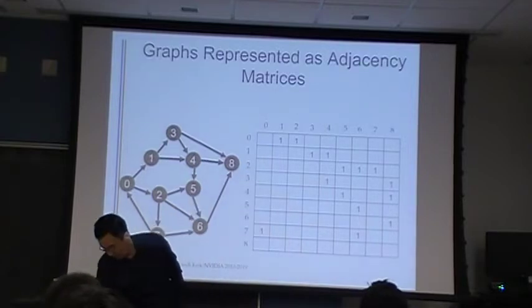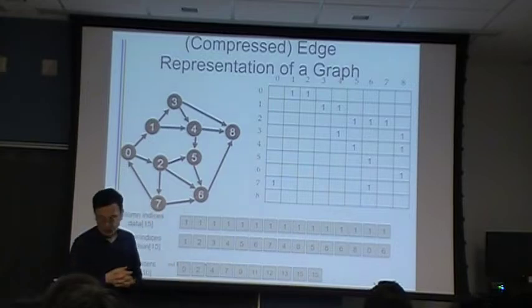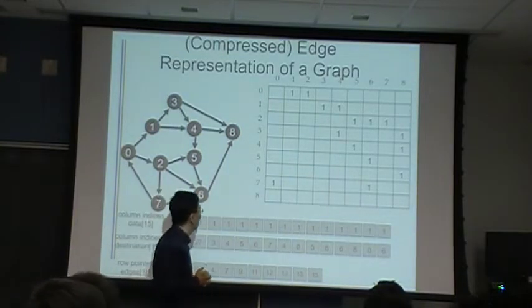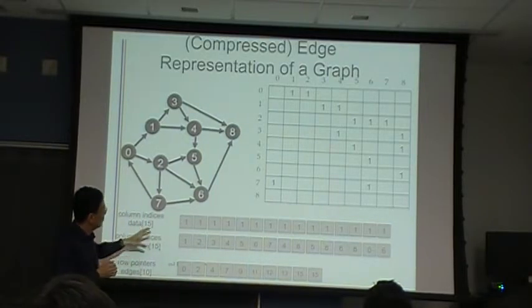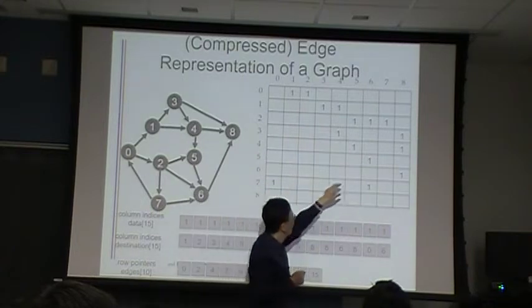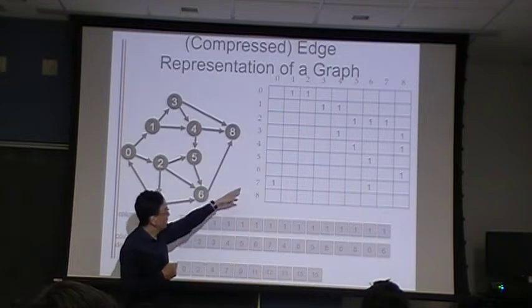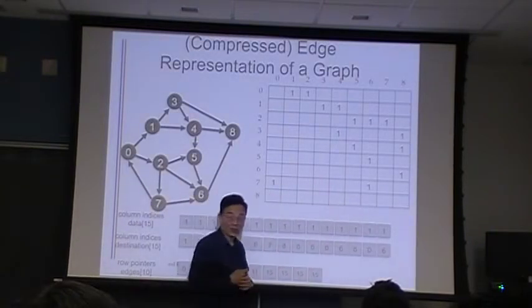This brings us to the compressed edge representation of a graph. The way to think about this is that we're going to have essentially a list of all the edges that can come out of a particular node.